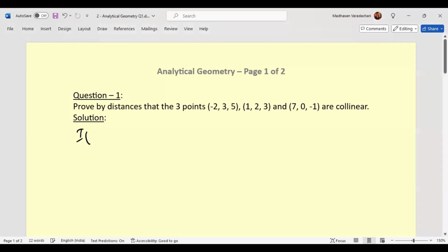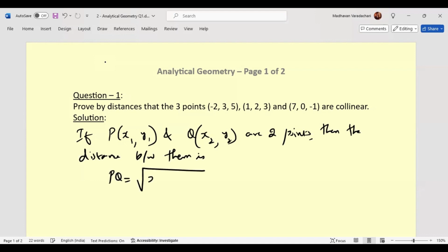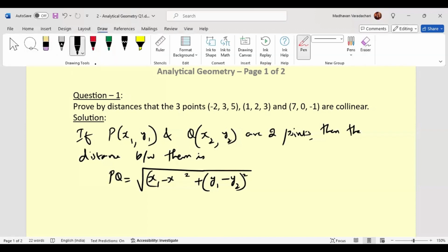If P(x1, y1) and Q(x2, y2) are 2 points, then the distance between them is PQ equal to square root of (x1 minus x2) the whole square plus (y1 minus y2) the whole square. We had seen this in the previous video.